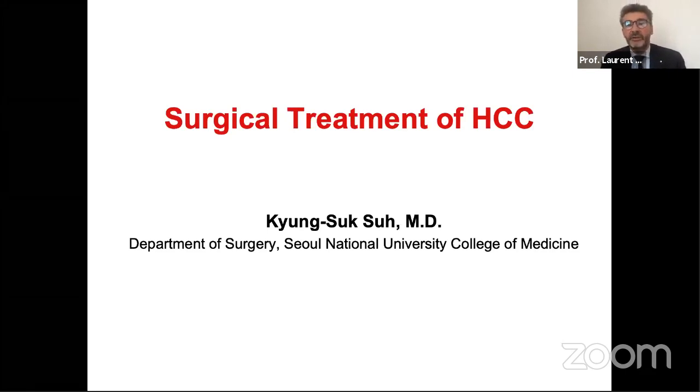MRI elastography is the most popular technique, but of course it's restricted to highly expert centers and only in clinical trials. And from the data I've seen, I'm not completely convinced that we can use this technique because these are surrogates and they are not validated against hard clinical outcomes.